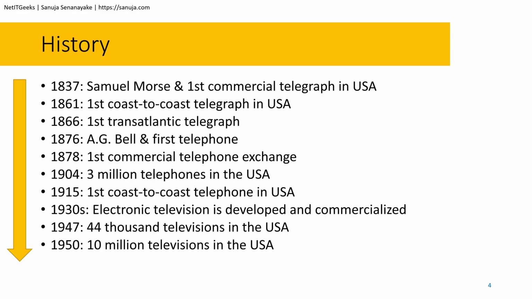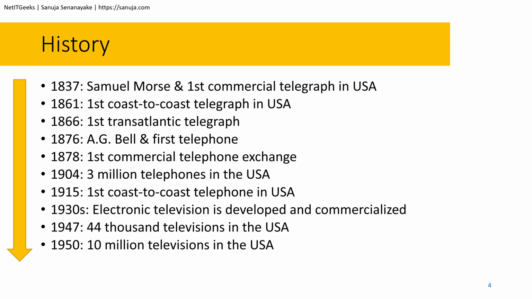In 1837, Samuel Morse created the first telegraph in the USA, and that would be the first stepping stone in how structured cabling came about. Before that, there were cabling systems, but they were not very well defined.